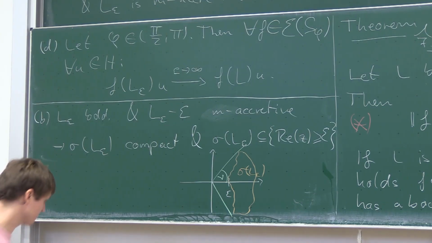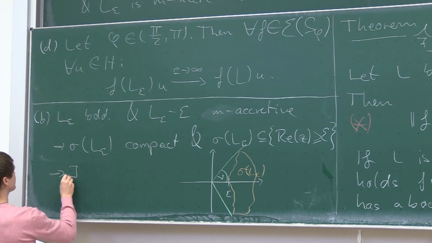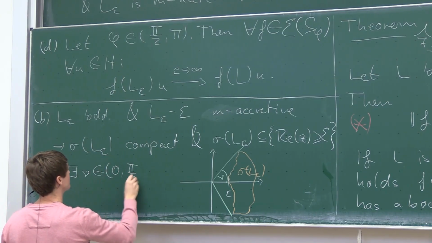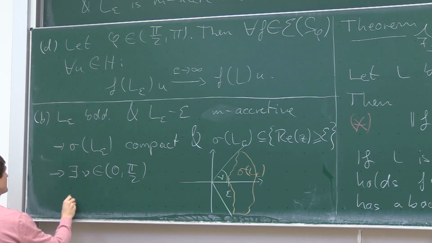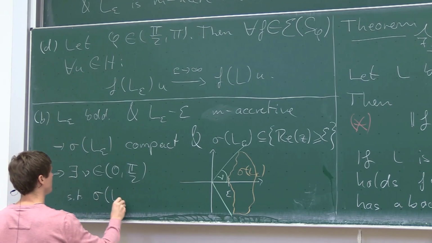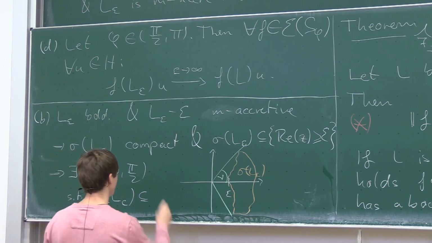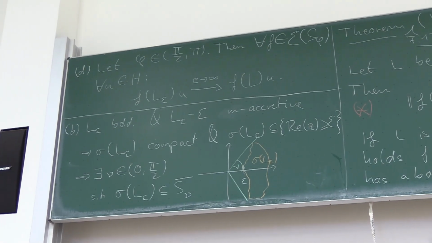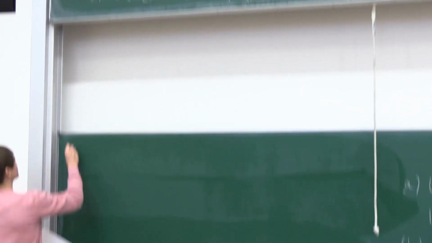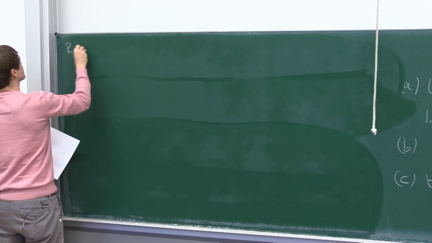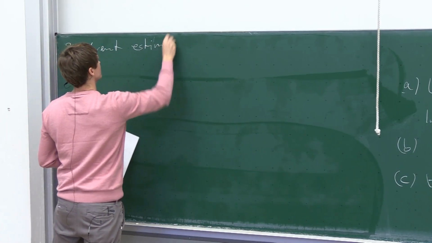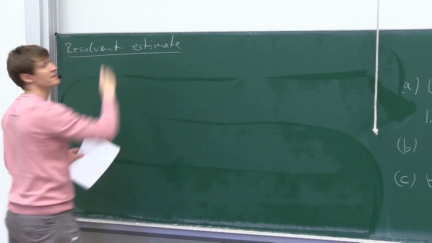So there exists some angle nu strictly between 0 and pi over 2, such that the spectrum of L epsilon is contained in the closure of this sector of angle nu. So we know already where the resolvent set is, essentially, from our operator L epsilon. And now the question about the sectoriality is a question about the resolvent estimate outside of the sector, essentially.